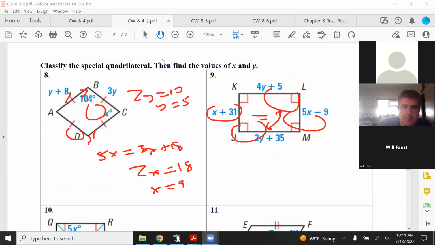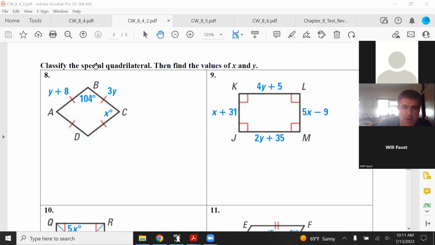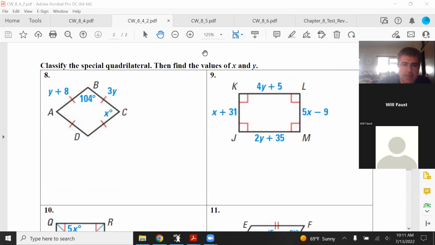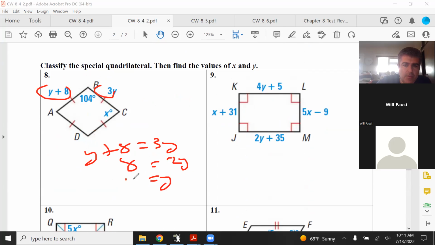So number 8, these have to be this because it's a rhombus. Those have to be the same. So y is 4. And then x plus 104 equals 180. So x is 76.